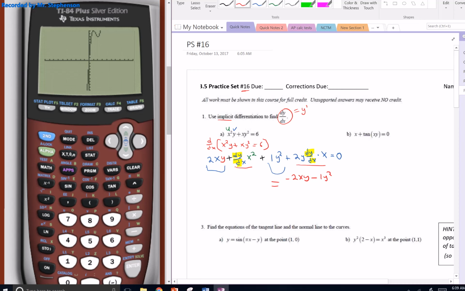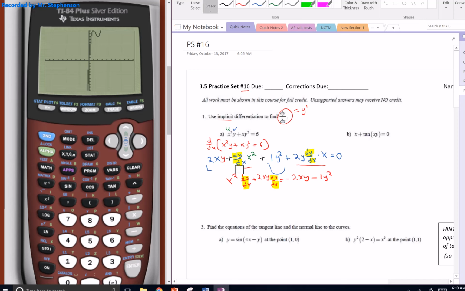And then on the left-hand side, what's left is x squared dy/dx, that's this guy, plus 2xy dy/dx. The terms with the dy/dx are there, and the other ones are on the other side.